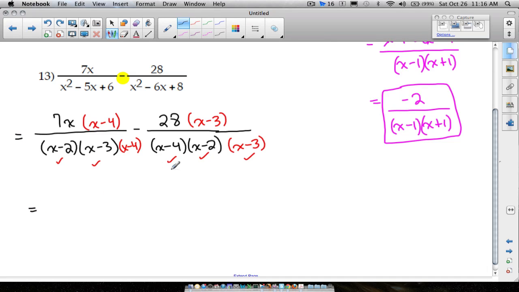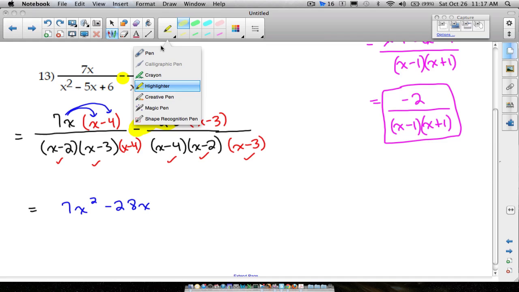Next step. Since we have a common denominator, let's go ahead and start combining these numerators. So let's save ourselves some work and a little bit of time. Let's go ahead and distribute here. We have 7x squared minus 28x. And notice that that negative is crucial. So instead of this being a positive 28, it's actually a negative 28 times that stuff.